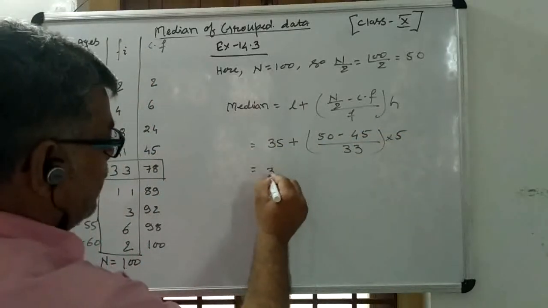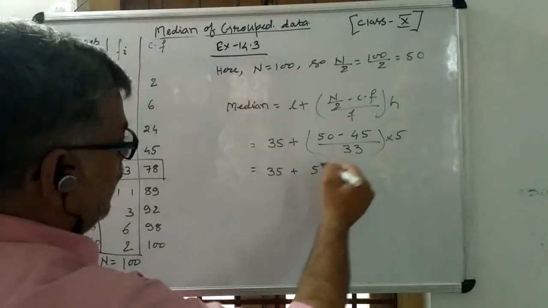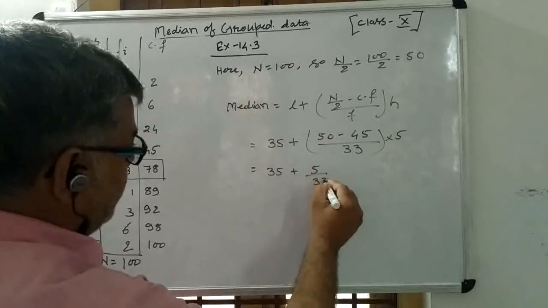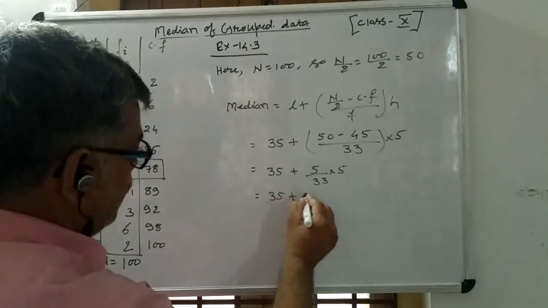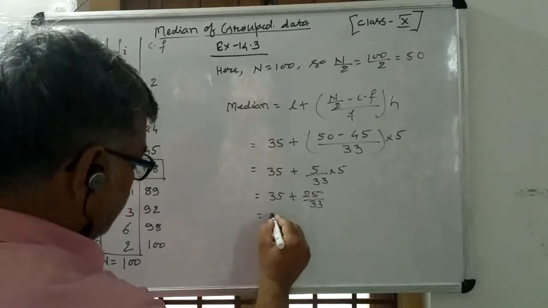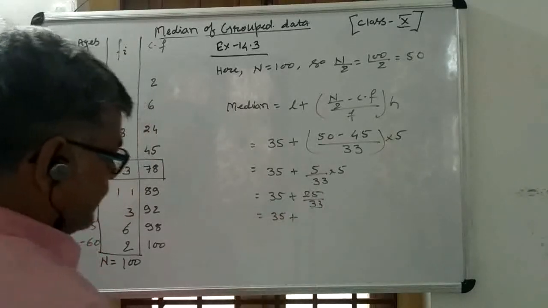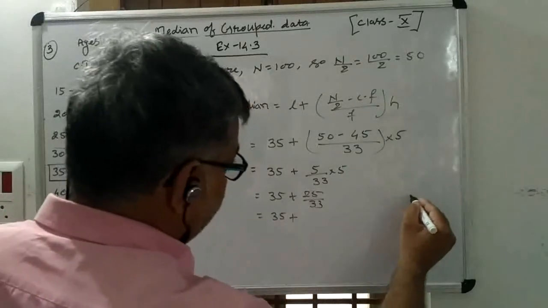So it will be 35 plus 5 by 33 into 5. So it will be 35 plus 25 by 33. Now divide 25 by 33.